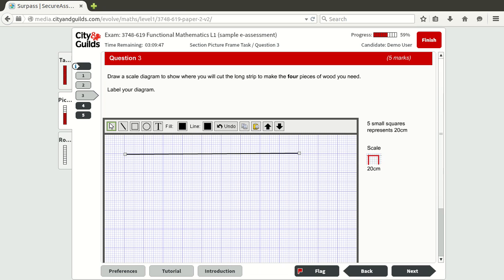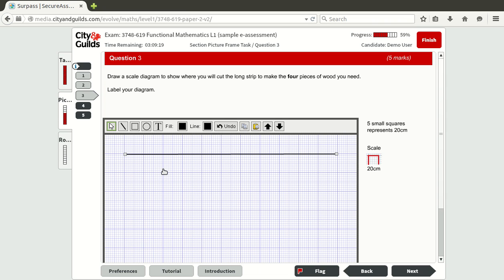So draw a line here. It's accurate. So that's 20, so that's 40, so that's 1, 2, 3, 4, 5, 6. So 2 of these boxes here is 40 centimeters.